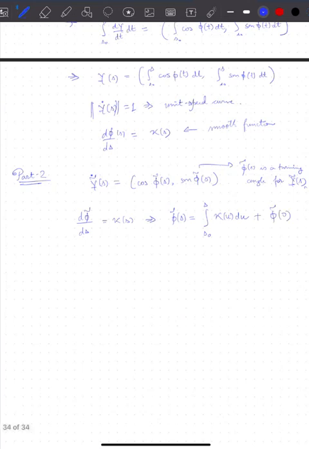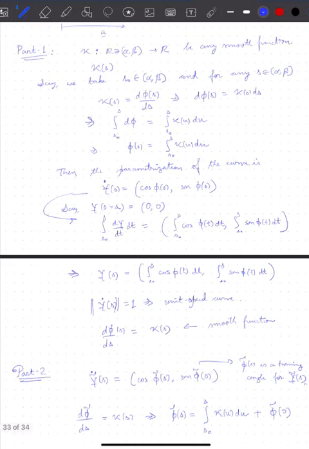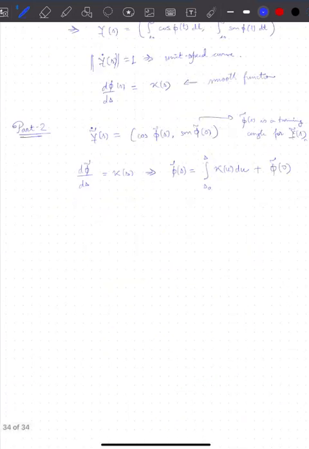Of course, in this case, we had defined it simply that phi of s at s equal to s naught is equal to 0. We just assumed the simplest case. And in this case, we have generalized it and considered any arbitrary initial value, I mean phi naught.